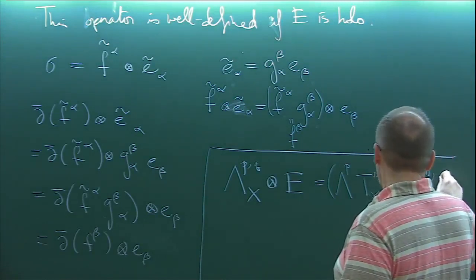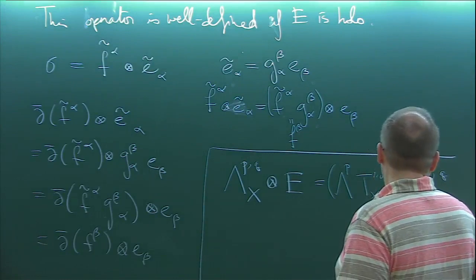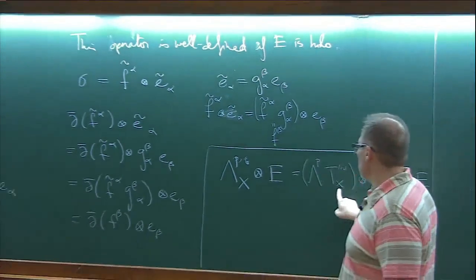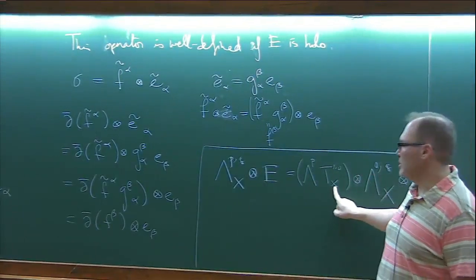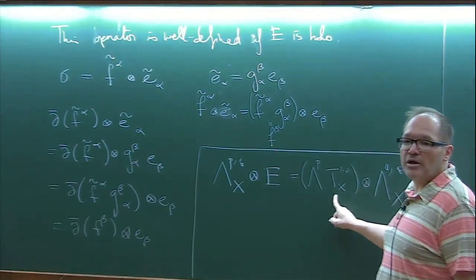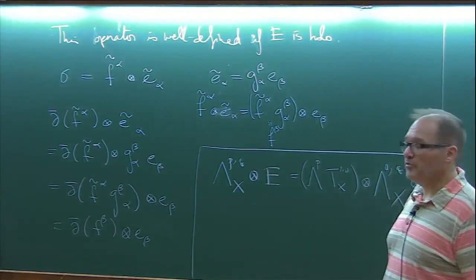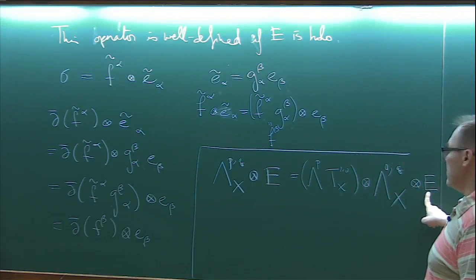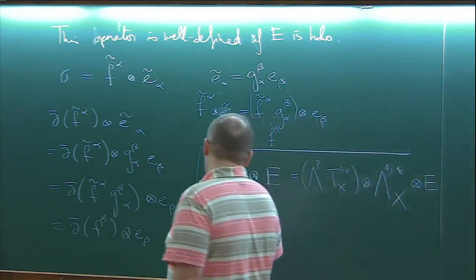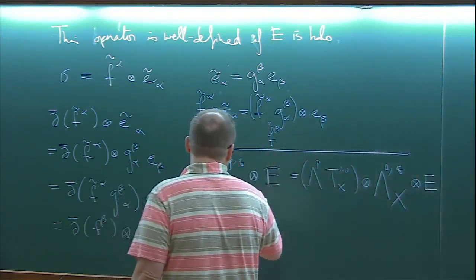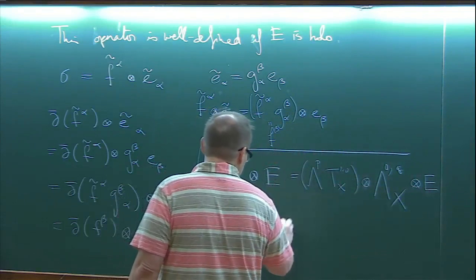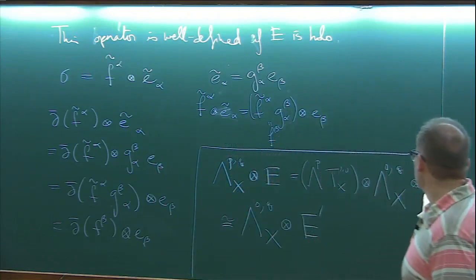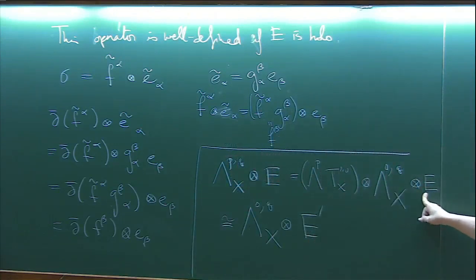So I have lambda 0 q of x tensor E. But you see this T10 is a holomorphic vector bundle, and so taking p-th wedge products makes this a holomorphic vector bundle, and then you can tensor it with this E. So maybe after isomorphism, you can write this as lambda 0 q of x tensor E prime, where E prime is a tensor product of this and this.